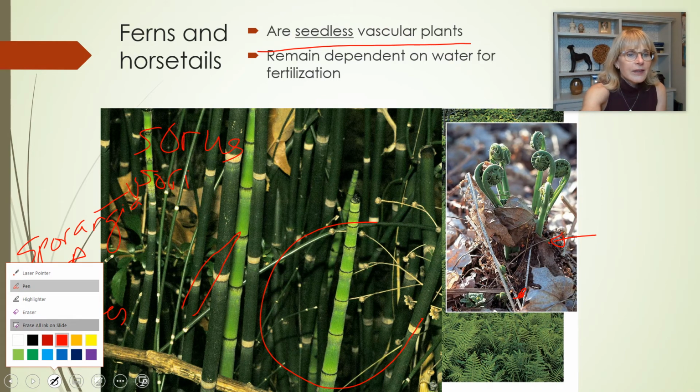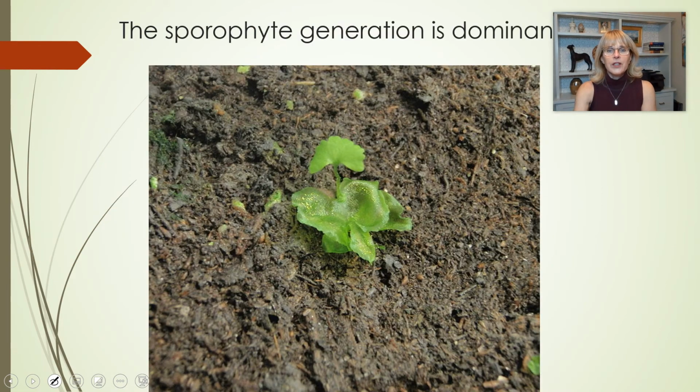And that is what our ferns look like. Oh, this is a beautiful picture. Do you see how nearly transparent that is?